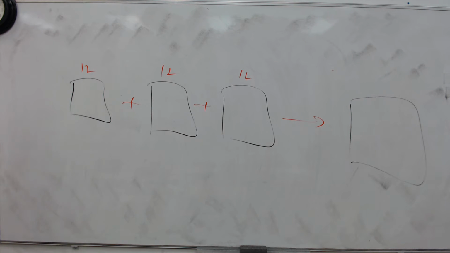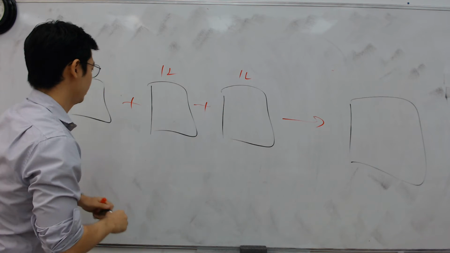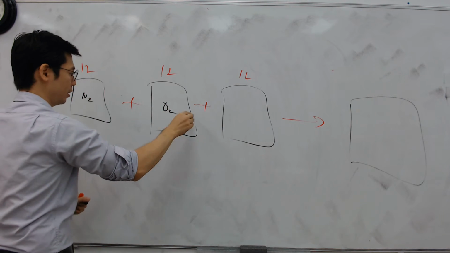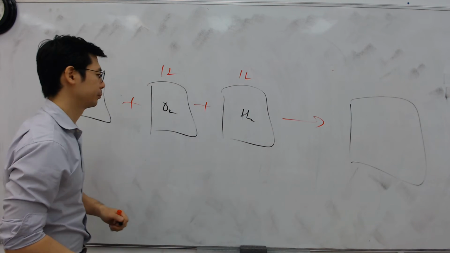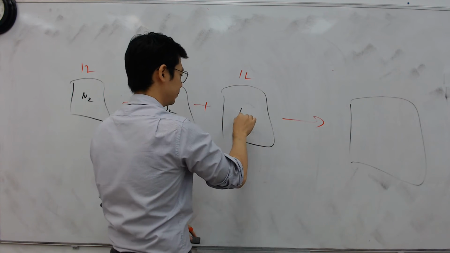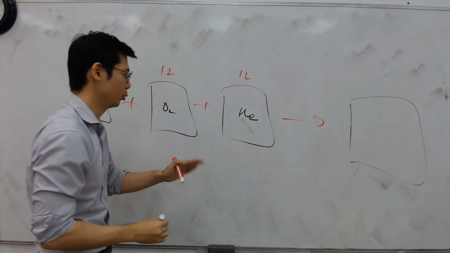And now what will happen is, here I have N2 gas, here I have O2 gas, and here I have H2 gas. I mean, not H2, I'll use helium gas, just in case there's a reaction between H2 and O2 gas.